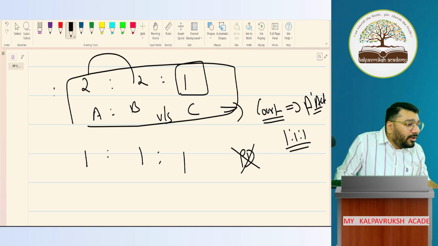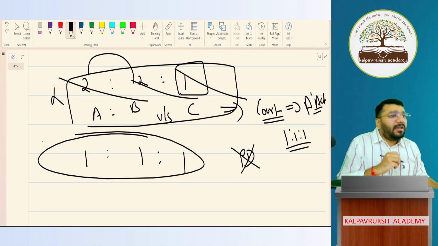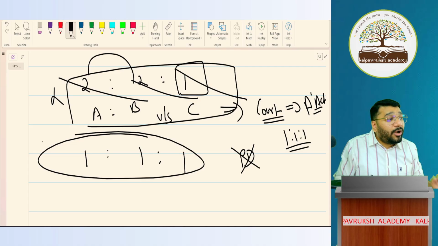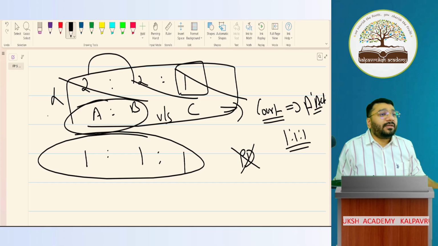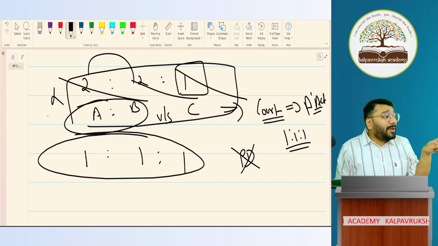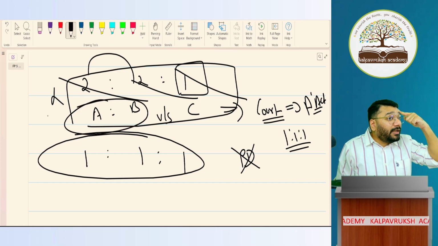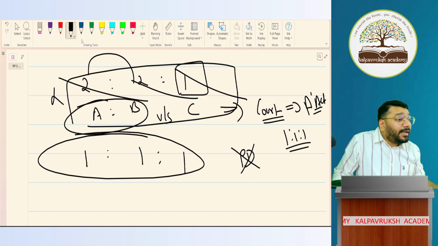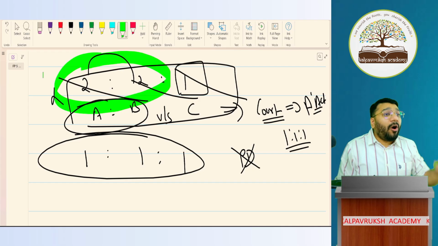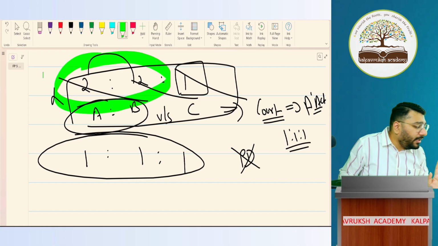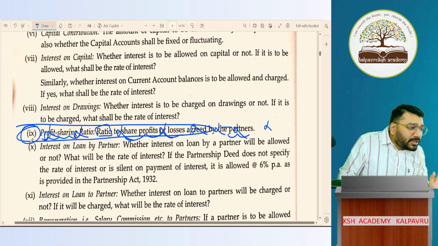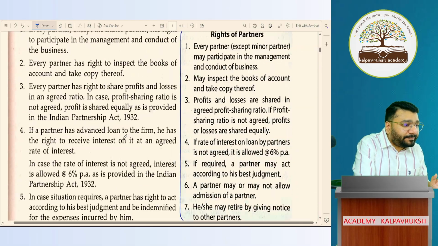If you have not agreed, then forget this. This only will be applied. So who is at a loss now? A and B are at a loss. If that is not supposed to happen, A and B should be smart enough to understand that in the agreement, better you capture this point, or else later you'll be in trouble. Okay, not okay. This is what this point is trying to say.